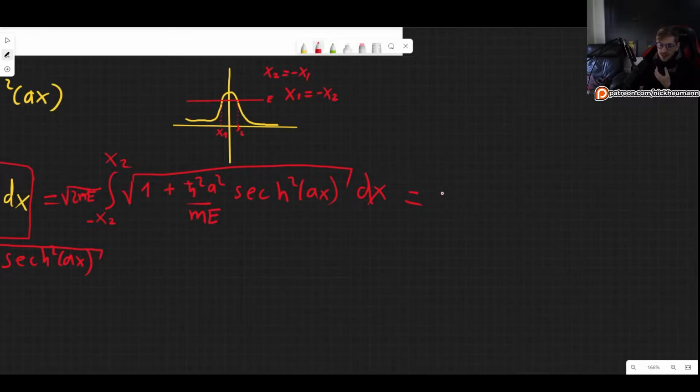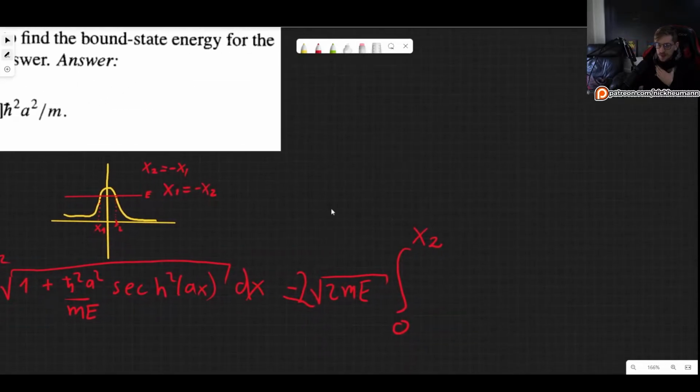So that means that we can rewrite this as the square root of 2mE times 2 times the integral, and now from 0 all the way to x2. So the question is, what is x2? Now we know x2 is the turning point. What does that mean? That means that the potential evaluated at x2 is equal to the energy. So that means that the energy is equal to, what was the potential again?